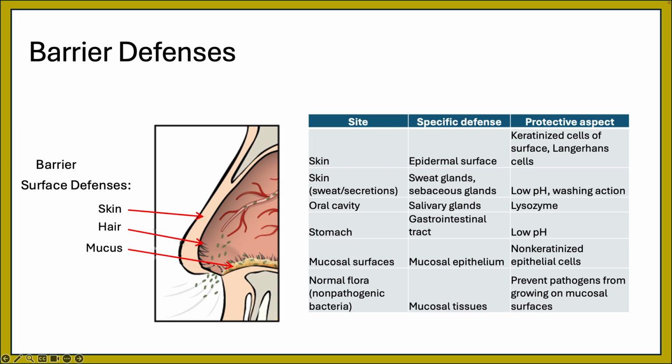And then something that's not technically a part of you, but makes up a large part of your normal cellular components, are the non-pathogenic bacteria that reside on the mucosal surfaces and take up residence there, preventing other harmful bacteria from getting a foothold to begin with. So those are your barrier defenses that are just there and are not something you typically need to worry about unless they've been damaged in some way, such as when you get a cut.